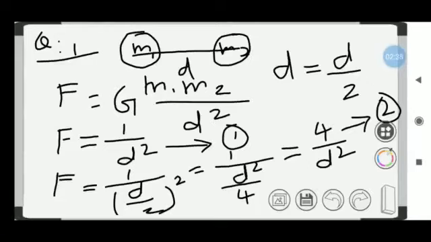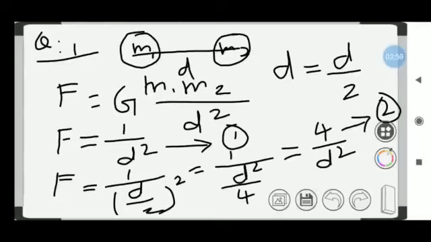Initially I had taken d as the distance between the two objects, but if I reduce the distance, the force will be 4 times greater. So the force of gravitation will be 4 times greater than the previous one.